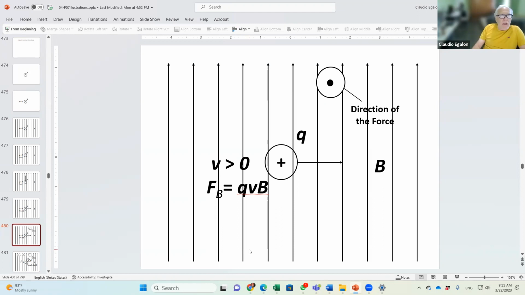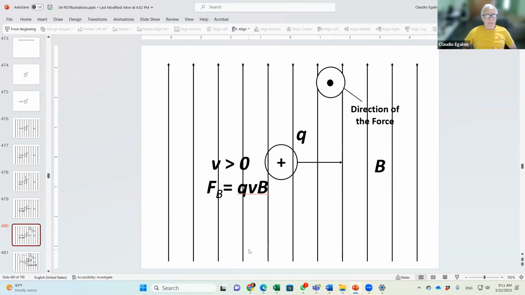How do you do that? You lay your hand along the direction of the velocity vector of the charge, your right hand, it has to be your right hand. Move the palm of your hand towards the direction of the magnetic field, and your right thumb points in the direction of the force.